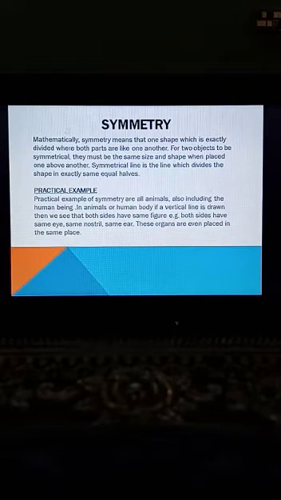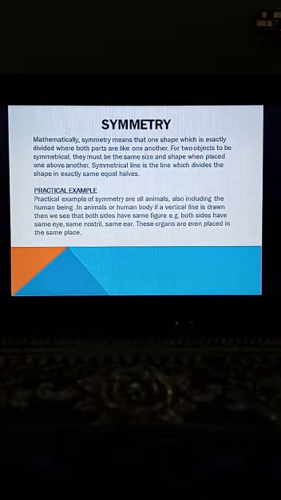For two objects to be symmetrical, they must be the same size and shape when placed one above another. A line of symmetry is the line which divides the shape into exactly equal halves. In short, we can say that symmetry is the mirror image of the object, in which both objects have the same size and shape and are placed in the same form.